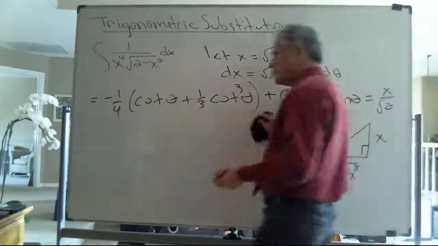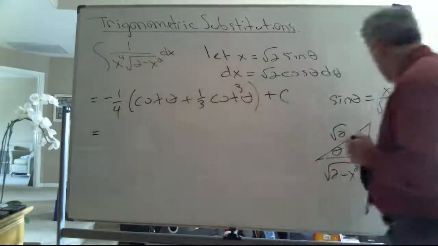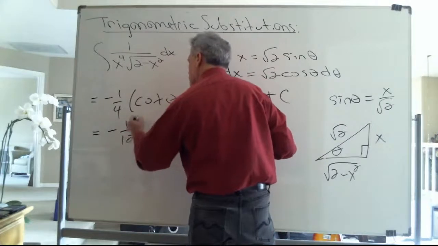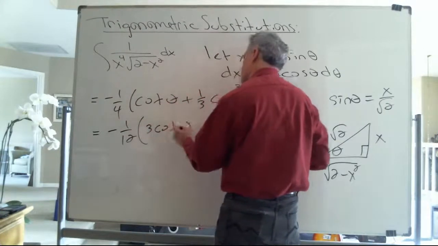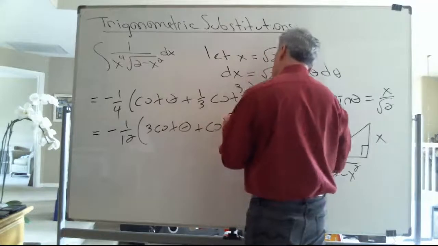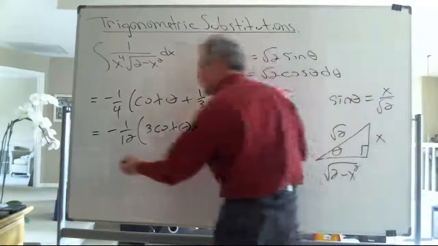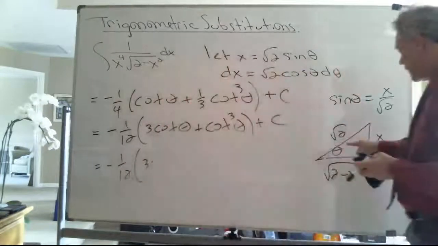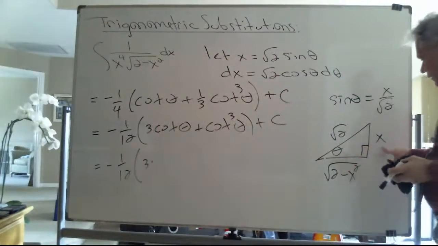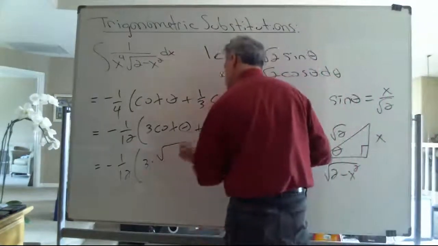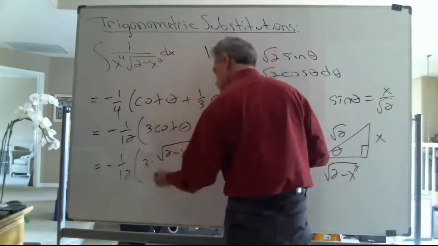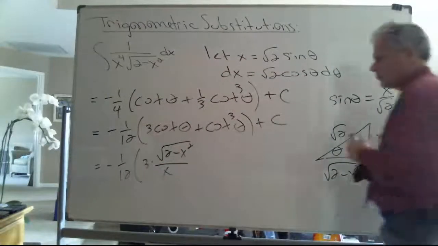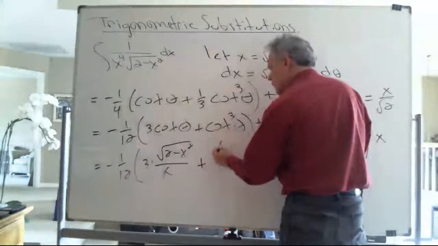So let's finally answer the question. Actually, can I take that back? Instead of answering my question, can I clean it up a little bit by pulling out this 1/3? It just looks nicer. Now, the cotangent of theta is this over this. Again here.